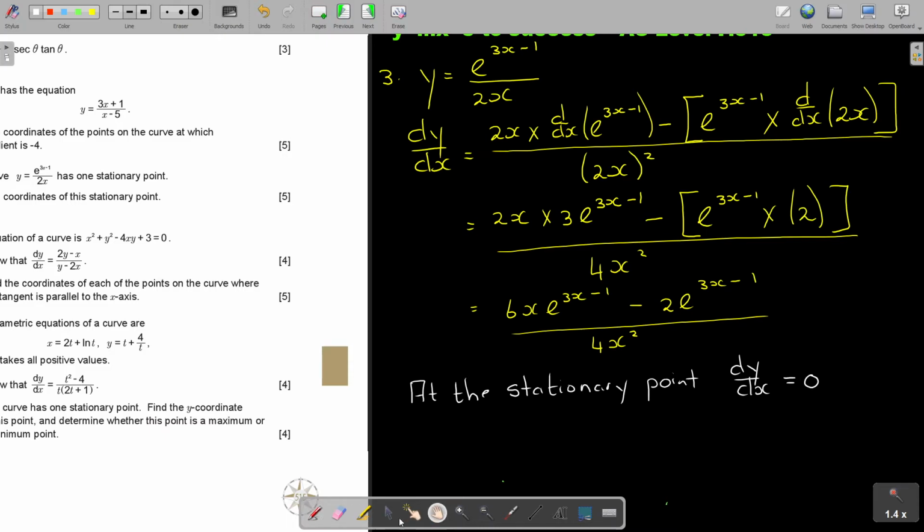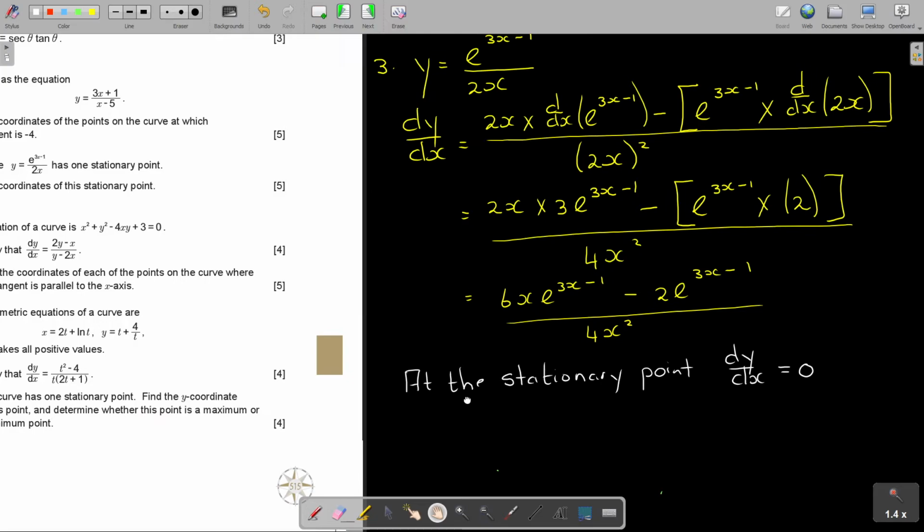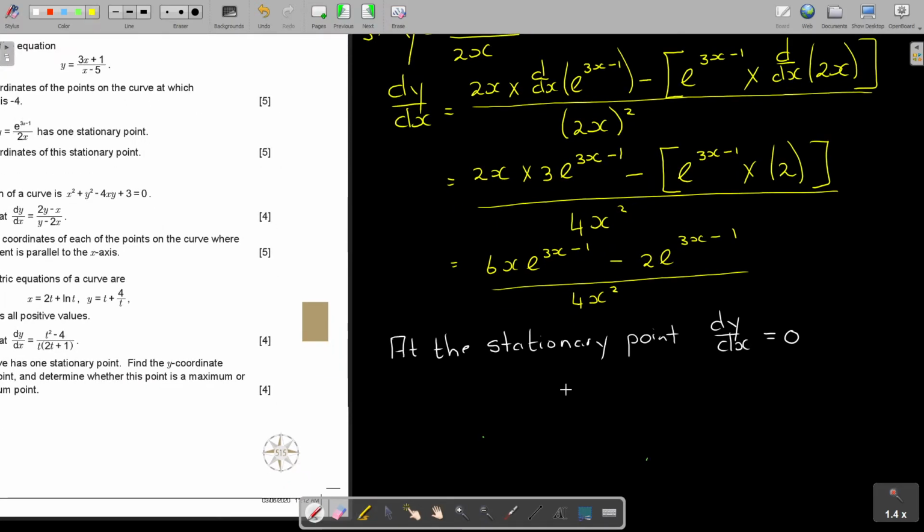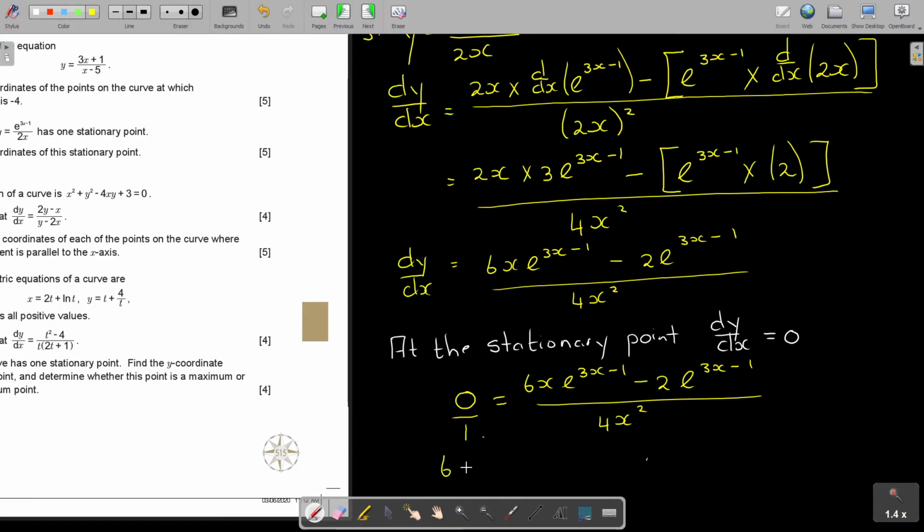So in the place of this dy over dx, I put 0. Okay, and then it's 6x e^(3x minus 1) minus 2e^(3x minus 1) over 4x squared. Now remember, this is over 1. So I cross multiply.